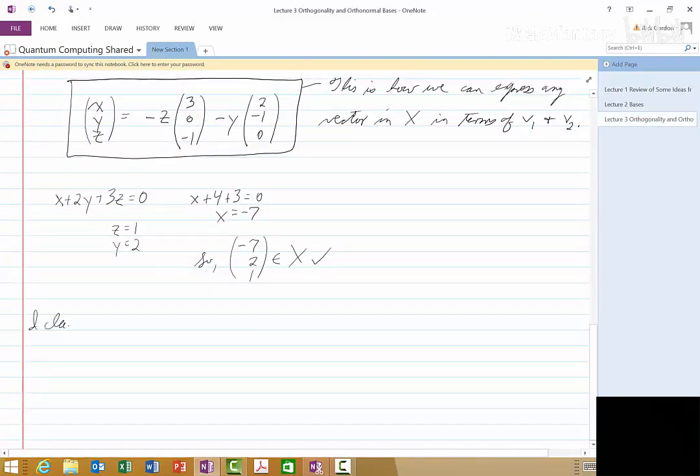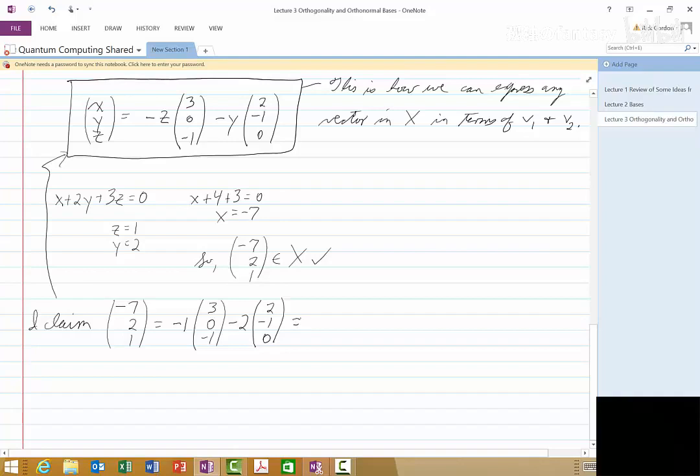And what I'm claiming with our formula up here is that the vector (-7, 2, 1) must be equal to the negative of its z component, so negative 1, times the vector (3, 0, -1), and then minus its y component, so minus 2 times the vector (2, -1, 0). I claim that's true because of this formula. Does it all work out?